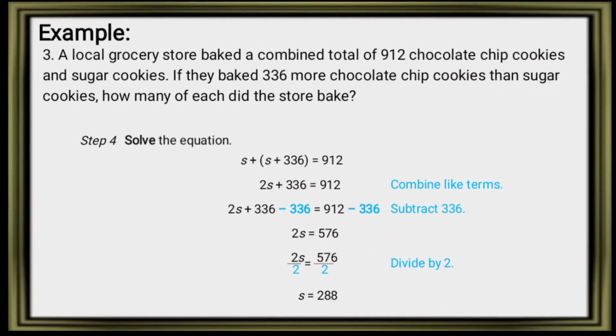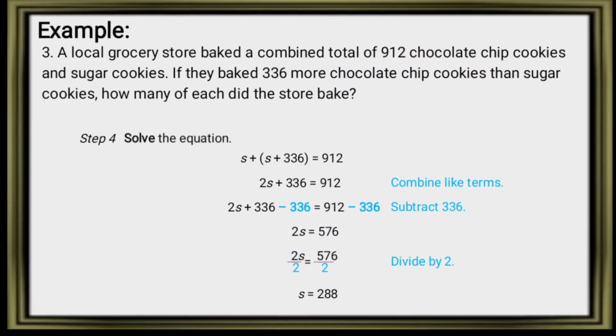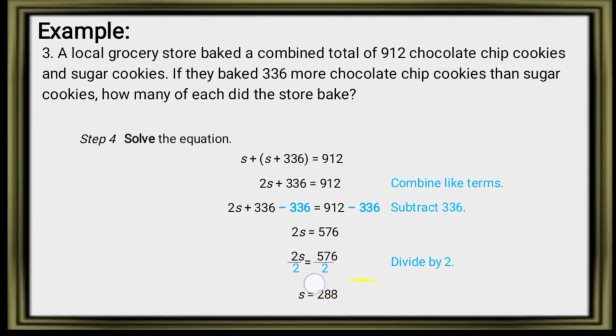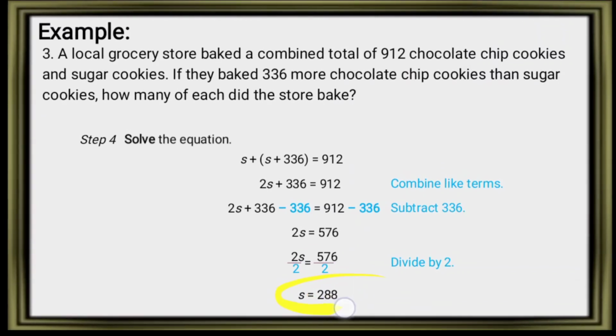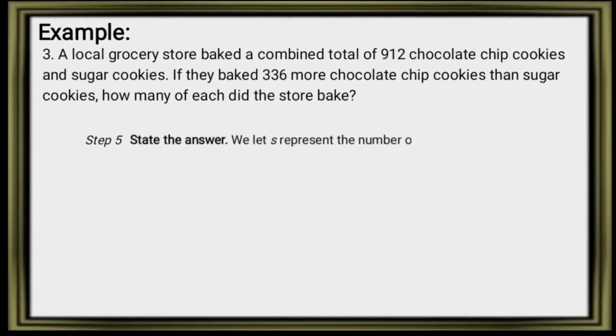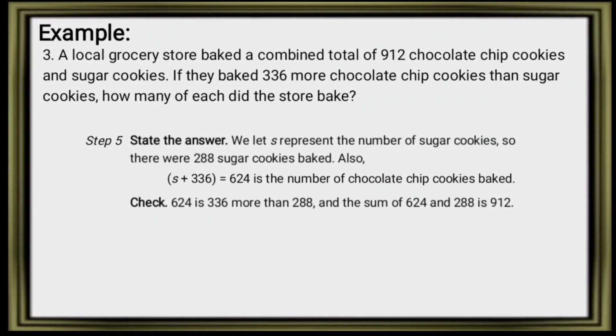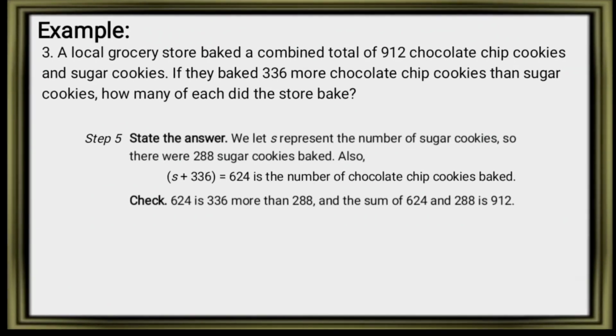So divide by 2, the answer is 288. Okay? 2S divided by 2 is S. 576 divided by 2 is 288. So, our final answer will be S is 288.